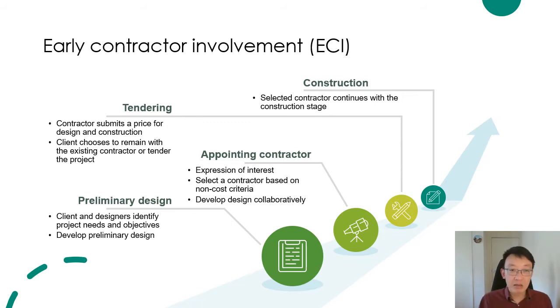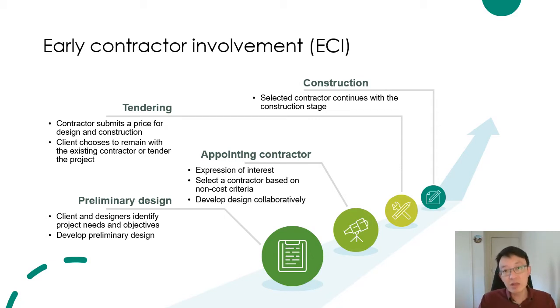The second one, to tender the project to market. And finally, the last stage, as usual, we have the construction stage, where the selected contractor will continue with the construction stage to build the project based on the design documentation. So this is the process of early contractor involvement, or ECI.